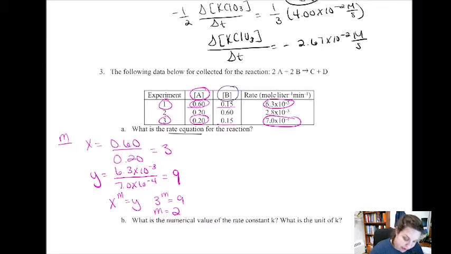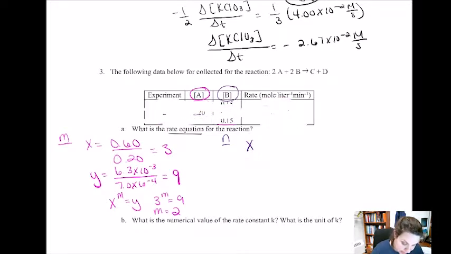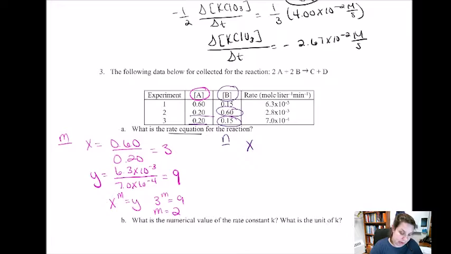Now we just need to figure out our n value. Same exact thing. Actually, let me do some erasing real quick. So now we want to look at two experiments where our A value is not changing, but our B value is. So we're looking at 2 and 3.